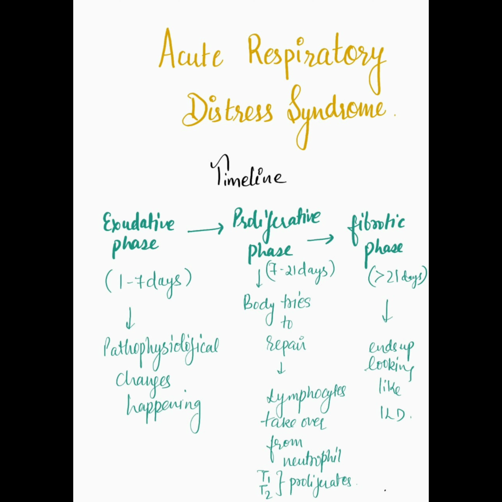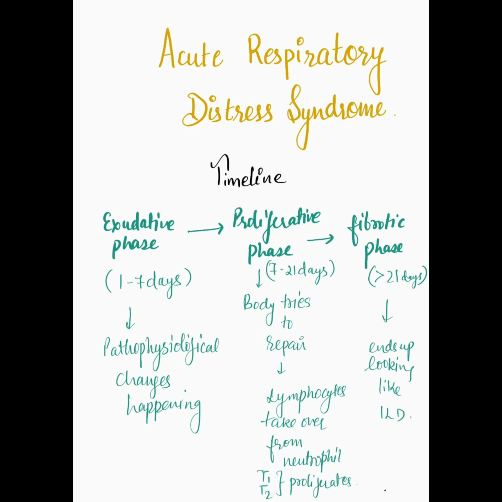Now we will study the timeline, how acute respiratory distress syndrome progresses. First is the exudative phase. In the first 7 days, pathophysiological changes occur like intrapulmonary shunting, increase in work of breathing, decrease in PO2 and increase in PCO2. So this is type 2 respiratory failure. So there is increase in dead space. So these are the pathophysiological changes.